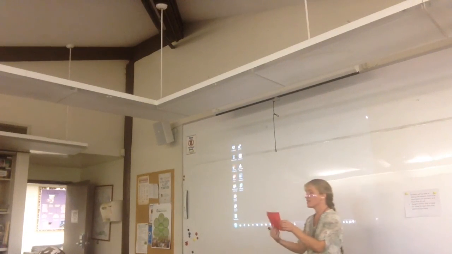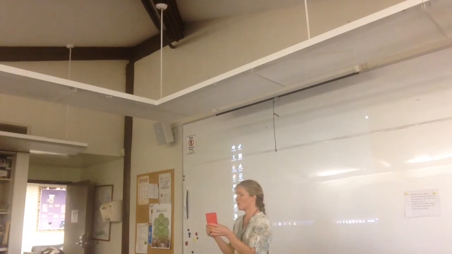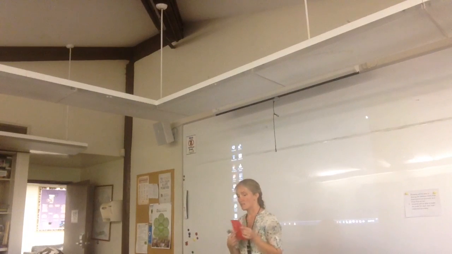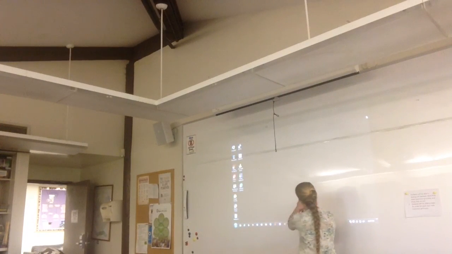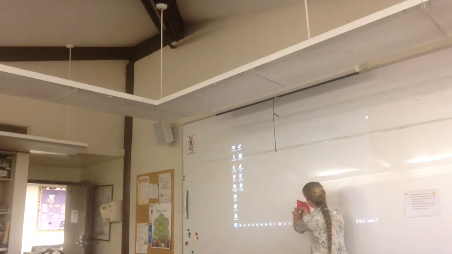You notice that all the lines of symmetry meet in the center at one point. And from this, we can also find out about rotational symmetry. So if we put something in the middle of that, and we rotate the item, this is where it started here.